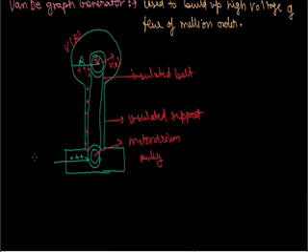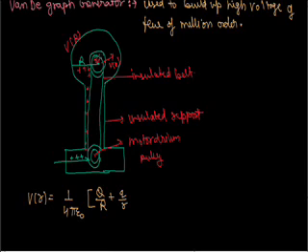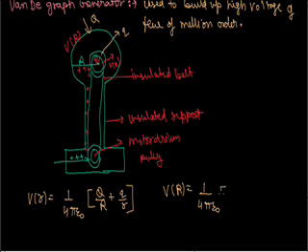If I write the potential, V small r will be 1 upon 4 pi epsilon, q upon r due to the inner sphere, plus capital Q upon capital R due to the outer sphere. Here small q is the charge on the small sphere, and capital Q is the charge on the outer sphere. Likewise V capital R is 1 upon 4 pi epsilon, q upon R plus Q upon R.